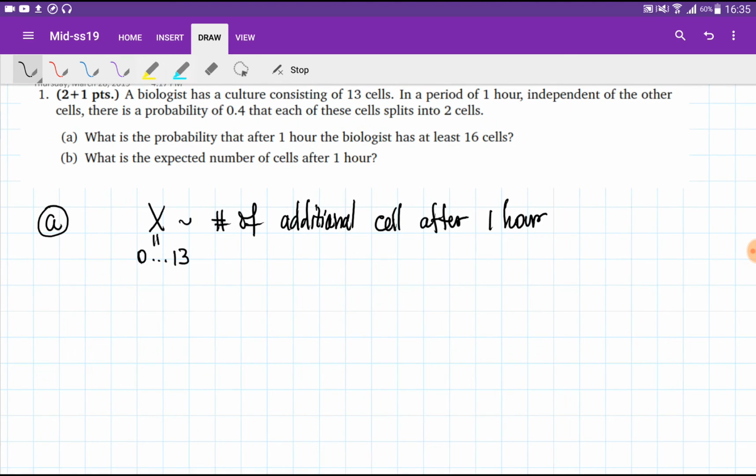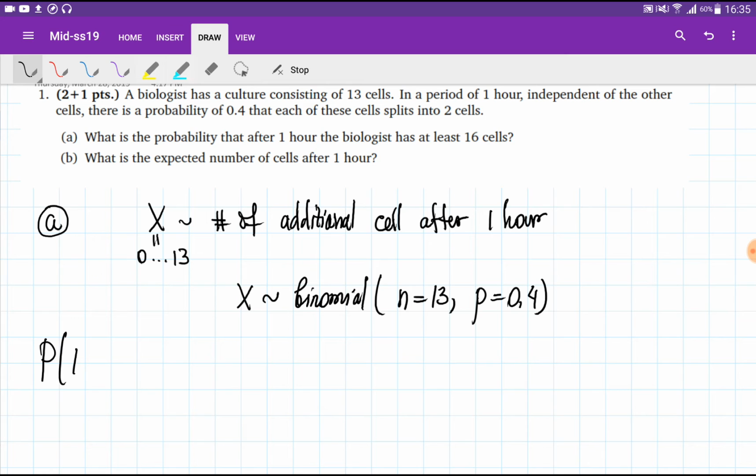So x has the binomial distribution with n 13 and probability of success 0.4, right? For each cell, we consider success if it splits into 2, and failure if it doesn't split into 2, right? Either 1, or 0. So either an additional cell on the chosen cell or no additional cell.